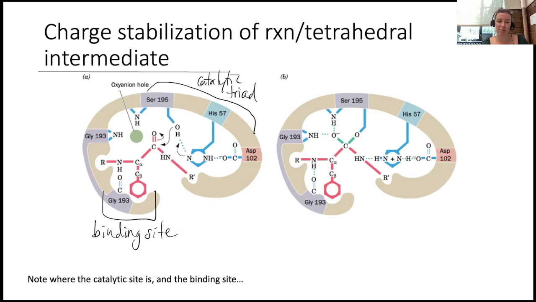Here we have chymotrypsin being shown. There is one additional location that I want to point out for us today, folks. It's called the oxyanion hole.